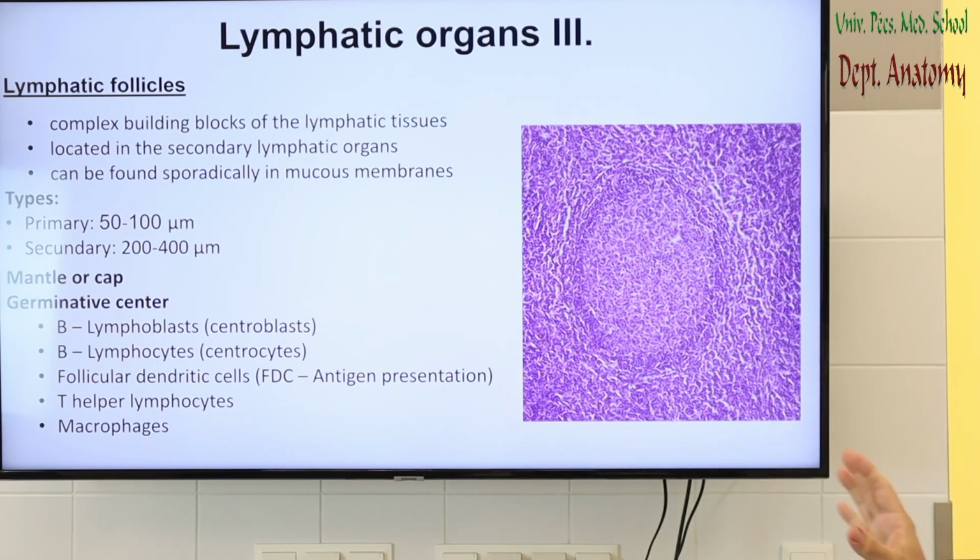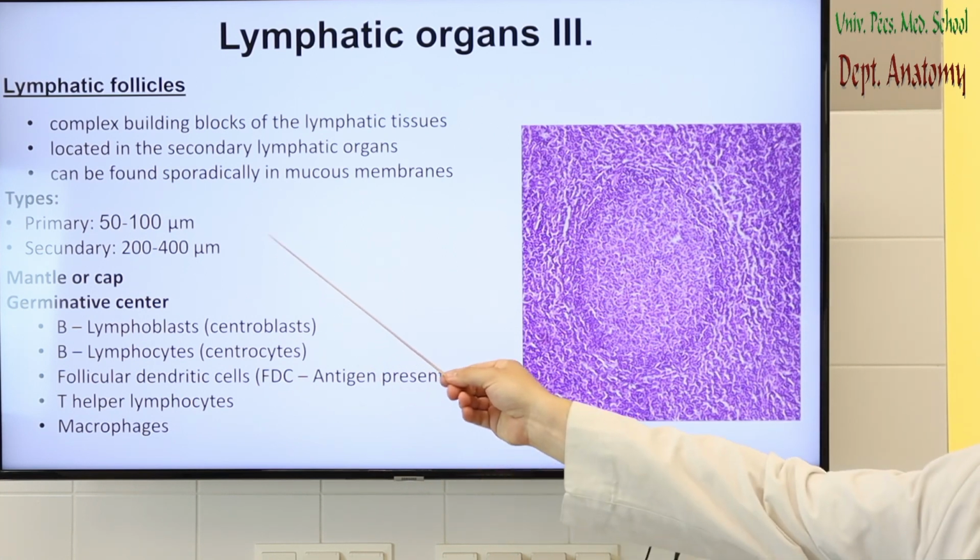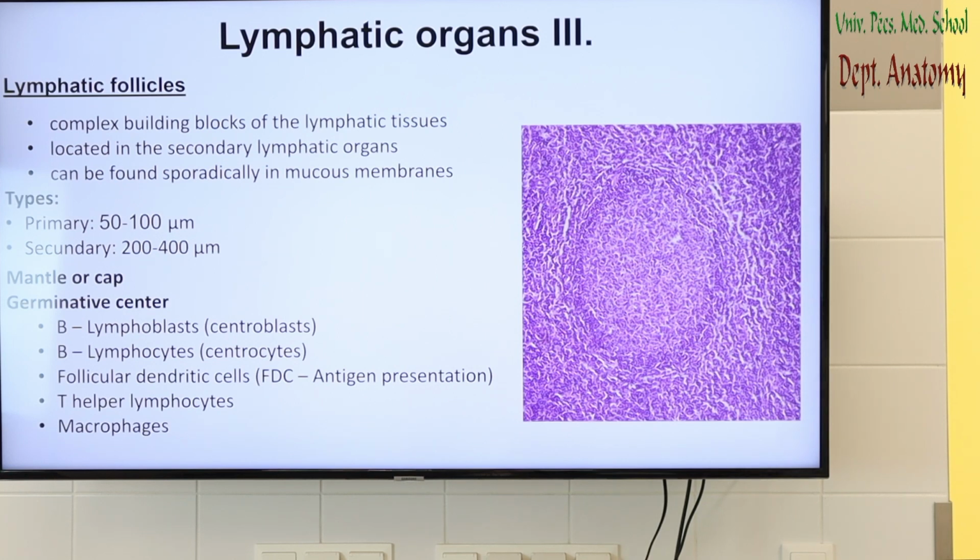Primary follicles are not very large, roughly 50 to 100 microns in diameter. They are what we call the naive forms of the lymphatic follicles. That means that these follicles weren't exposed to antigens yet. So in order to find primary follicles in larger quantity, we need intrauterine tissue samples.